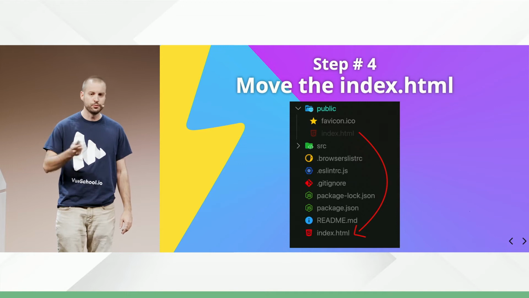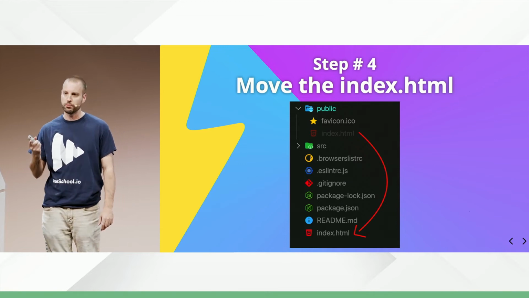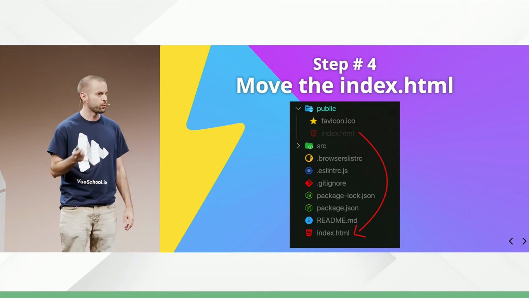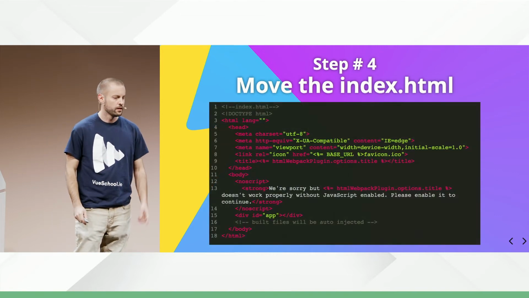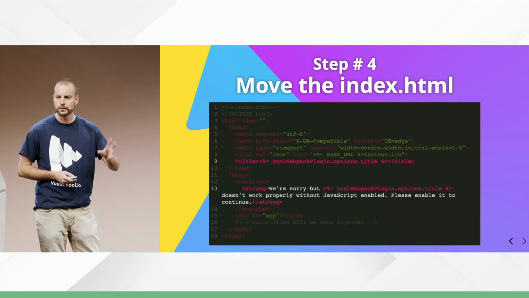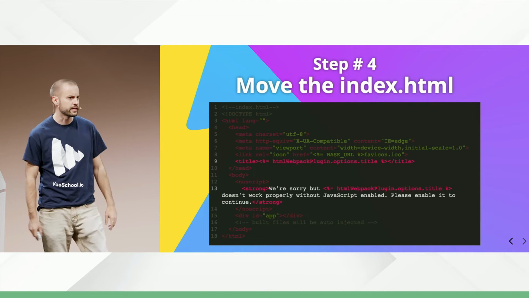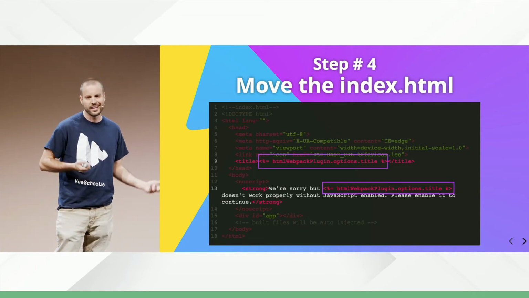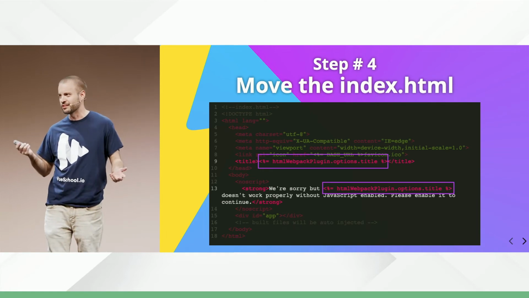Step number 4 is to move the index.html file from public, where it lived for Vue CLI, into the root of the project, the way Vite likes it. You can open up this file then and take all of the placeholder things that are going to be replaced dynamically during build. And honestly, I just didn't see a really big reason to try and support this in Vite.